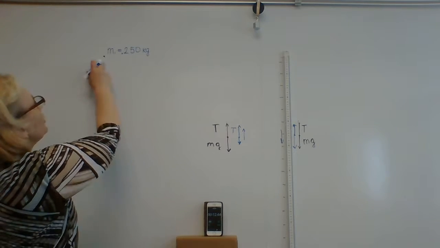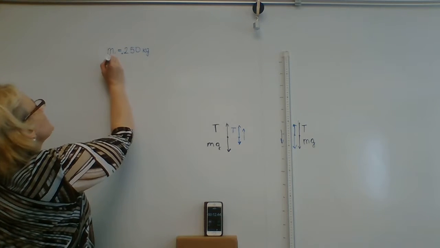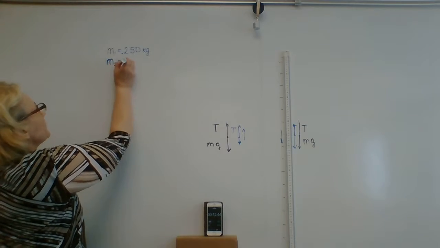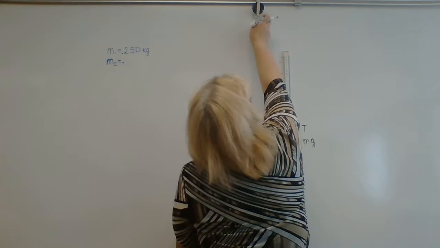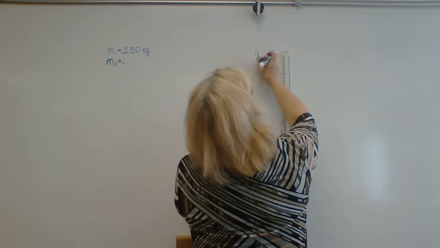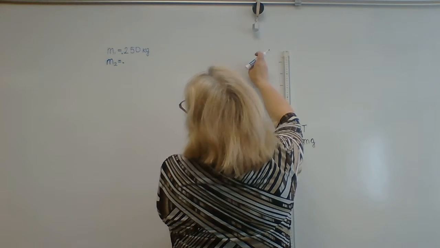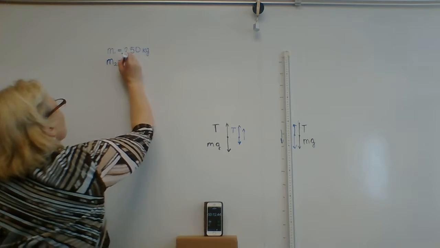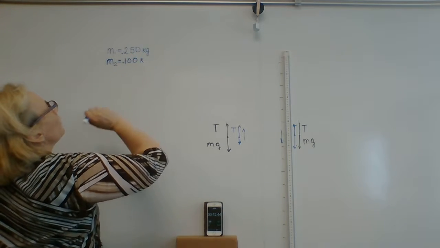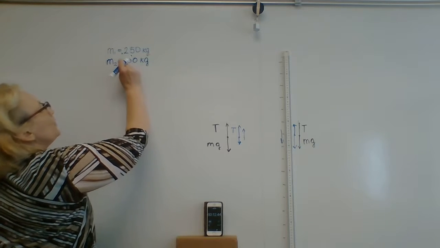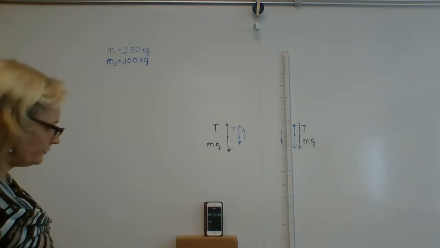That's how much you know about the mass. The smaller mass, M2, is also a fraction, right? How big is that? Let's see. It was 100 grams, or 0.100 kilograms. Both zeros are important. Don't skip them.